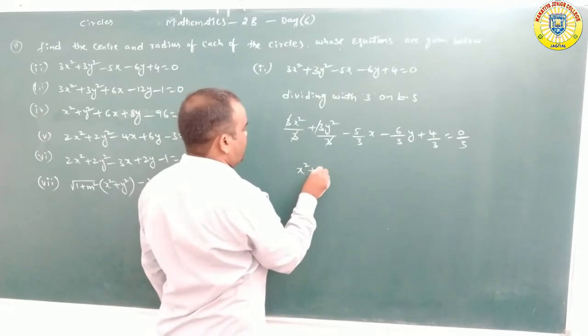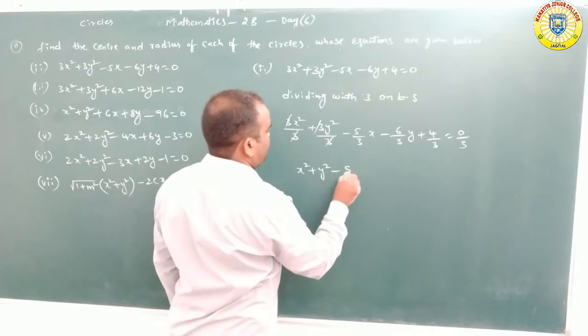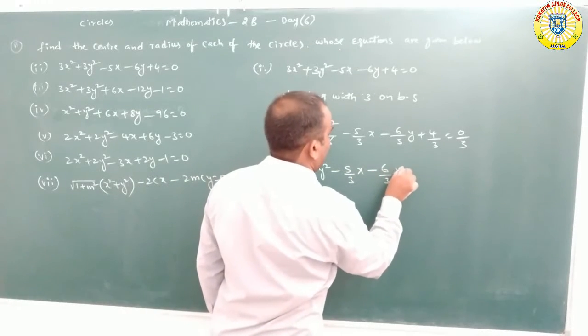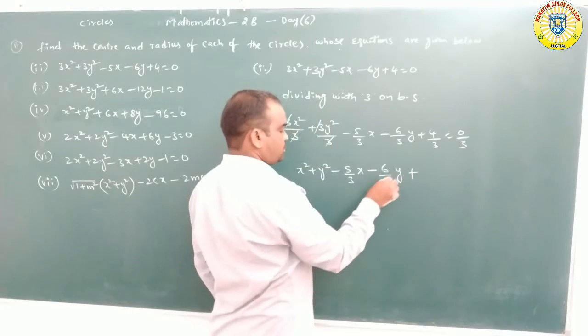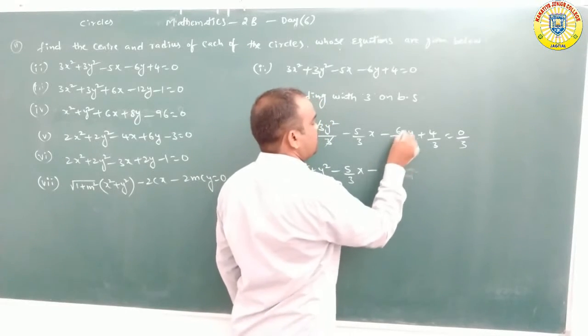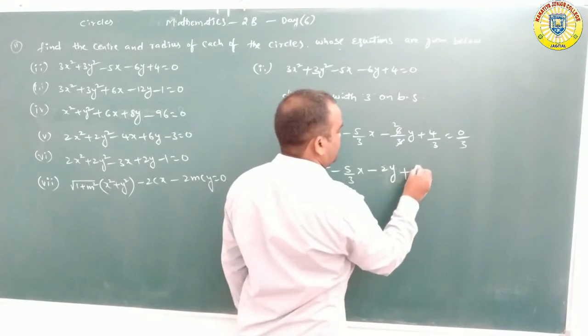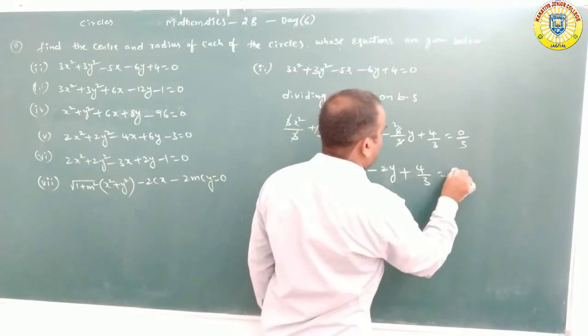Then x square plus y square minus 5 by 3 into x minus 6 by 3 into y. 6 by 3 means 3 ones are 3, 3 twos are 6. Here minus 2y plus 4 by 3 is equal to 0.